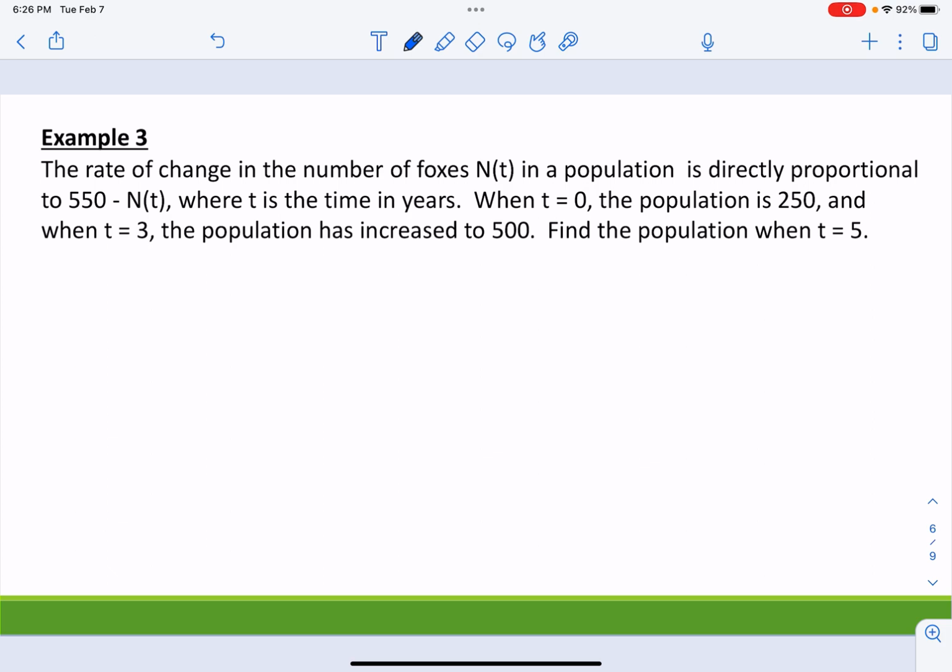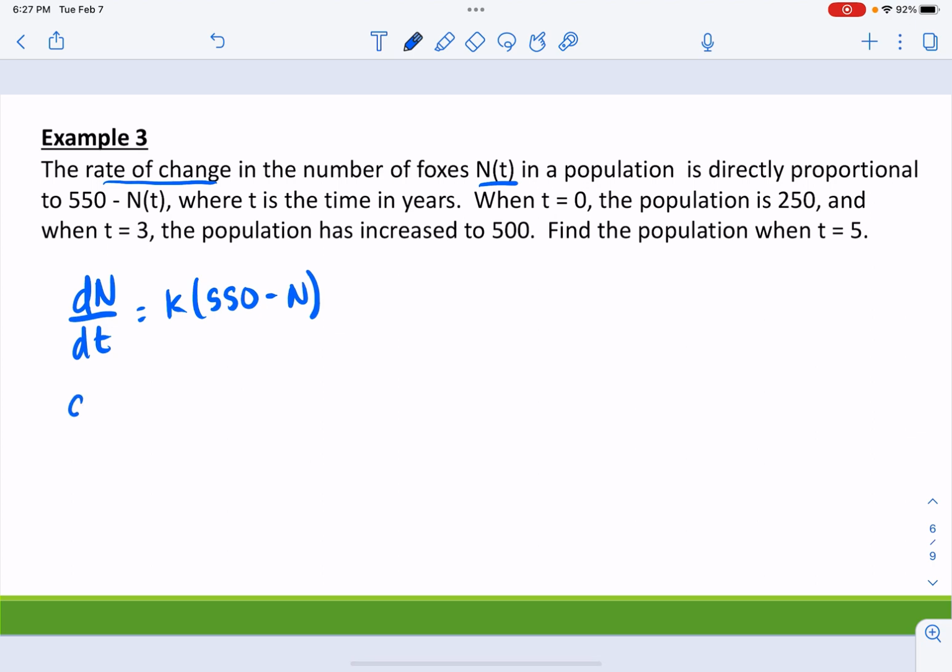Okay, so the rate of change of the number of foxes is directly proportional to 550 minus N of t. I'm just going to write it as big N to save a little space.